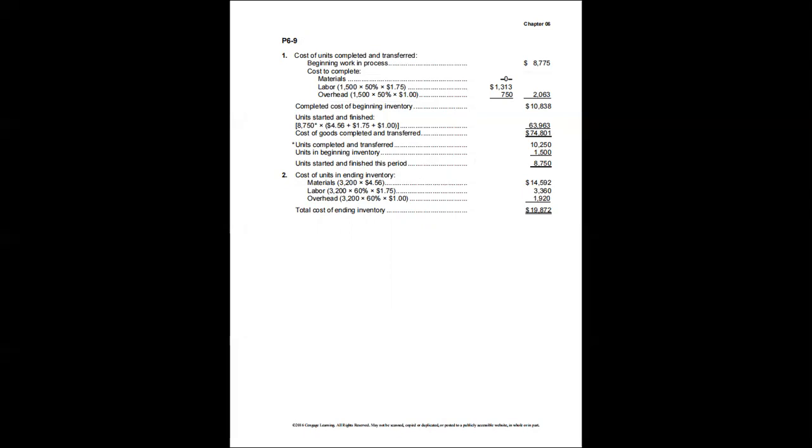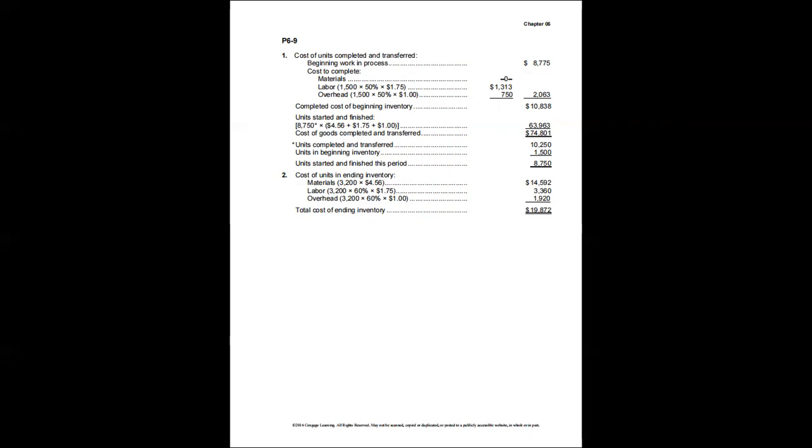And we have the ending inventory of 3,200 pounds in ending work in process. Okay, so how do we calculate the cost of the pounds completed?